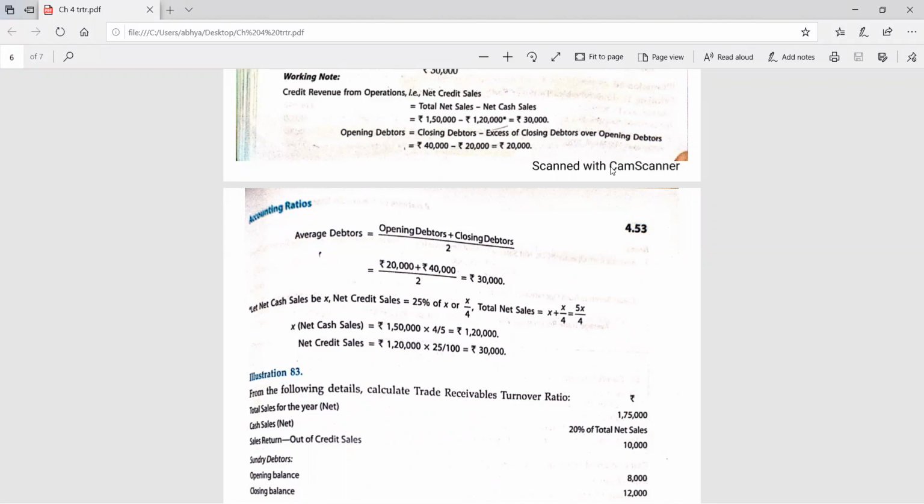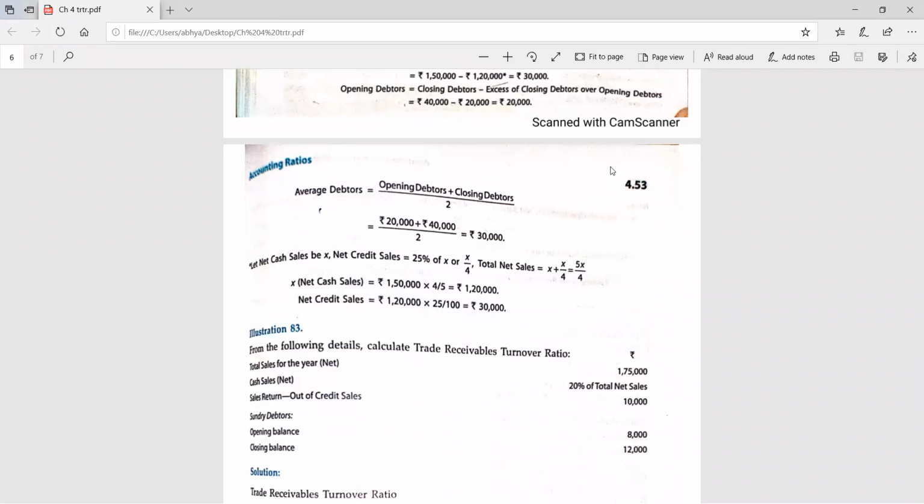So find the value of X here. By solving the equation, the value of X is 1,20,000. By putting the value in the equation again, we find that the net credit sales are 30,000. I think now it is clear. Now put the values in the formula. Yes, Shubhangi, is it clear now? You just have to make an equation and find the value of X.